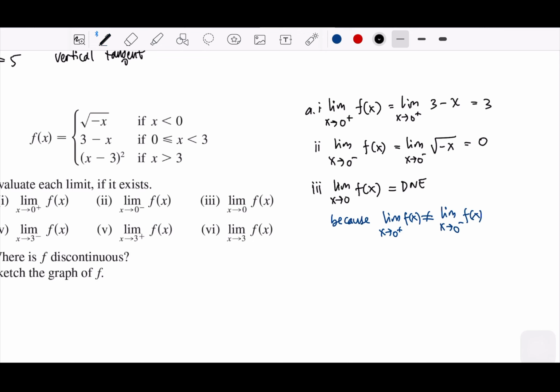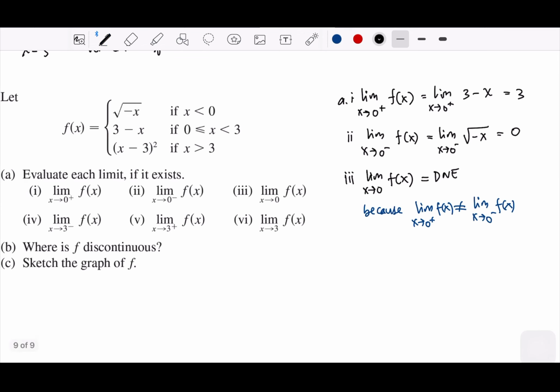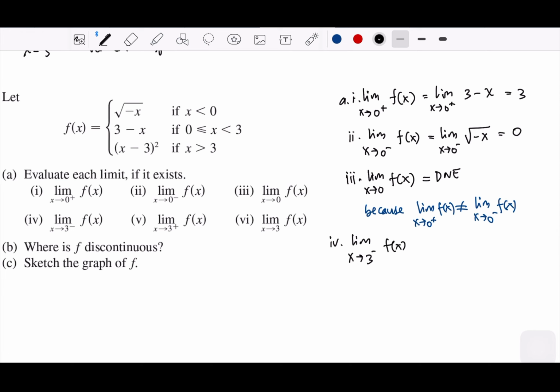Now the fourth question from A is the limit from the left of 3. So at 3 we have 3 minus x, so this will be 0. The fifth one, we have 3 from the right.